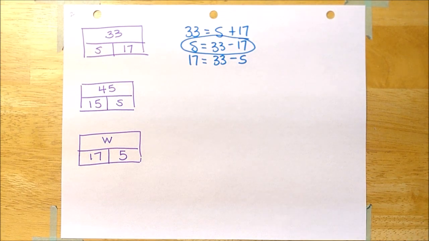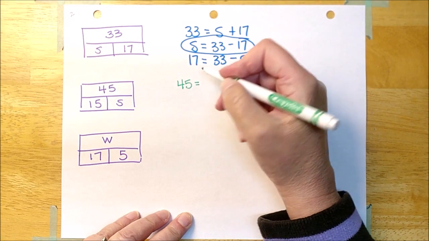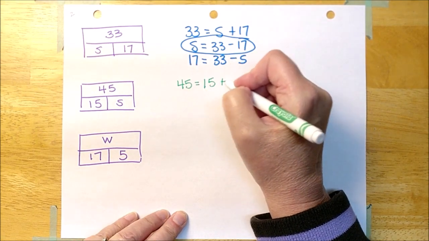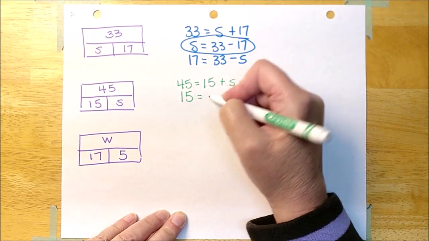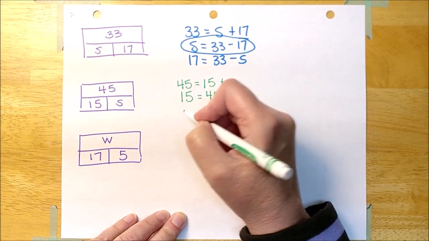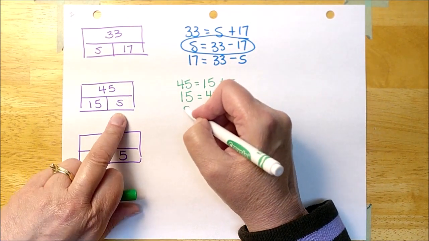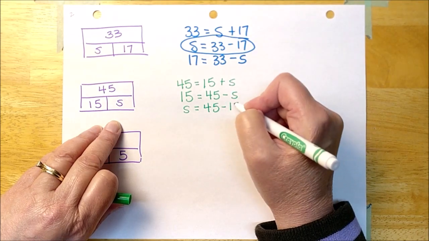Now we're going to look at the next one. Here we have our total is 45, which would equal 15 plus S. We could have part 1 equals total minus part 2. Or we could have part 2 equals total minus part 1.